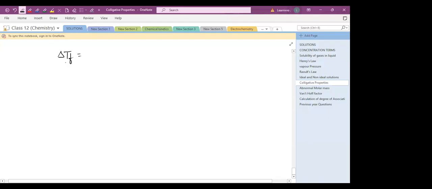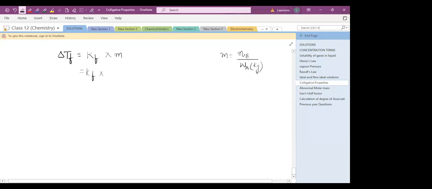So delta TF equals KF, the molar depression constant, into molality. What is the formula for molality? Molality is the number of moles of solute divided by the mass of solvent in kg.